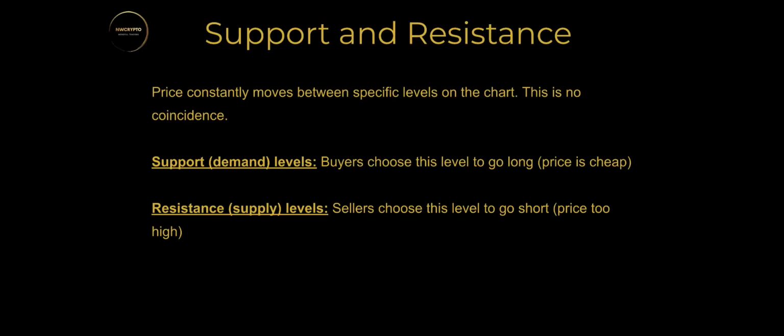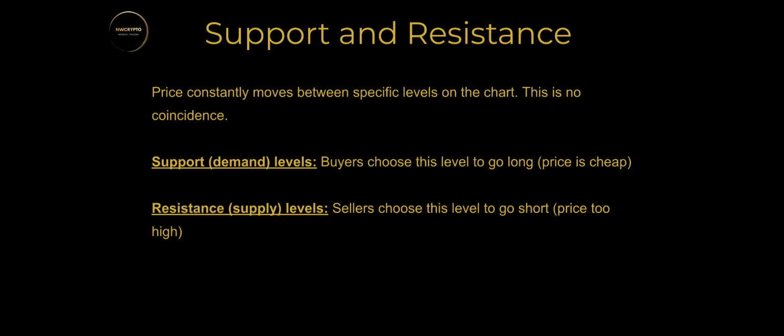Meaning, whenever the price hits a specific level, for example a support level, so price goes down, hits a support level, and if many people in the market think that this price is cheap, that this is a good price for a specific asset, they will buy into this.